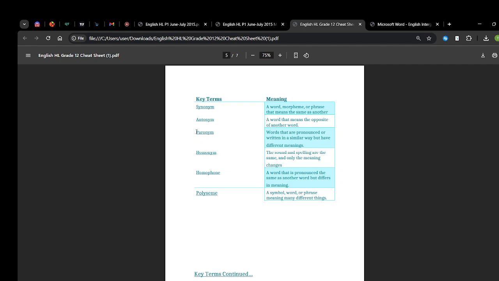A paronym, some people might not have heard of a paronym. So a paronym is basically words that are pronounced or written in a similar way but have different meanings. So there are many examples of paronyms. Just so that you guys can understand what a paronym is, another example, I think, is effect and affect.